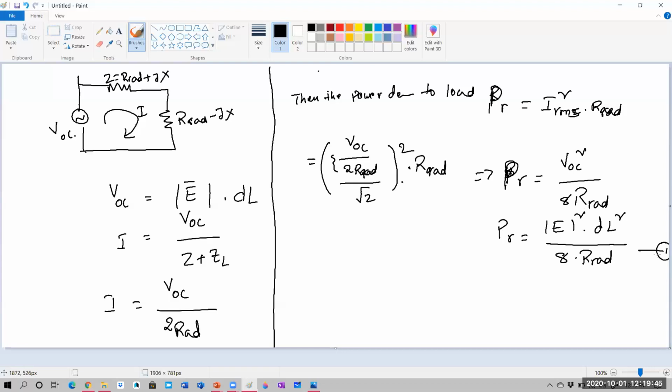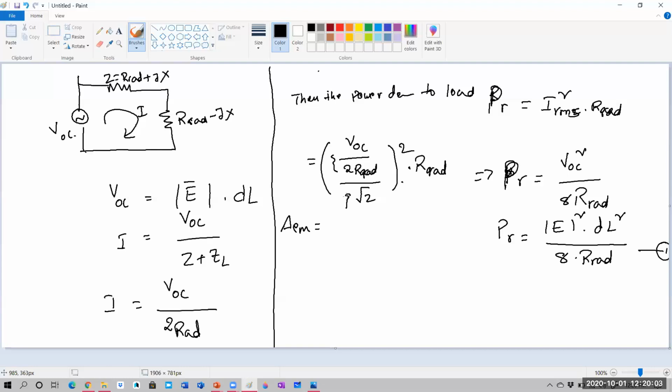As per the definition of effective aperture, it is the maximum power received divided by the average power, P_r by P_average. We already read this equation in the previous session.